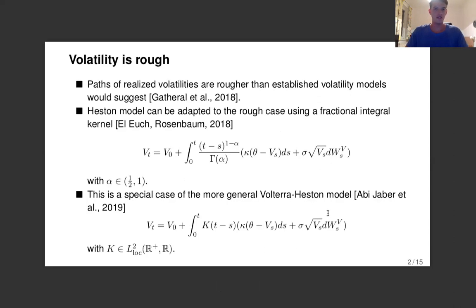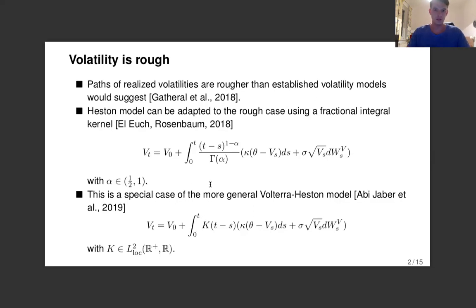By a recent result of Gatheral from 2018, we know that realized paths of volatilities are much rougher than the classical or established models would suggest. So therefore, the Heston model has been adapted to this rough case by using a convolution with a fractional integral kernel, which was done by Aichinger and Rosenbaum.